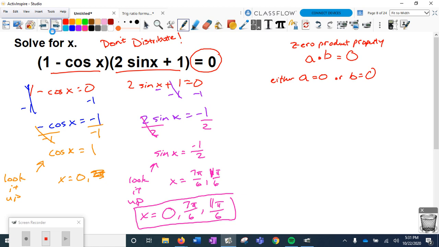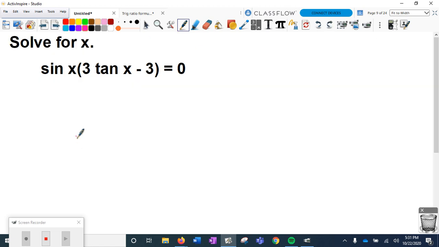Okay, let's look at one more. Here we have another multiplication happening. Again, don't distribute if it equals 0. If it equals 0, we are not going to distribute.